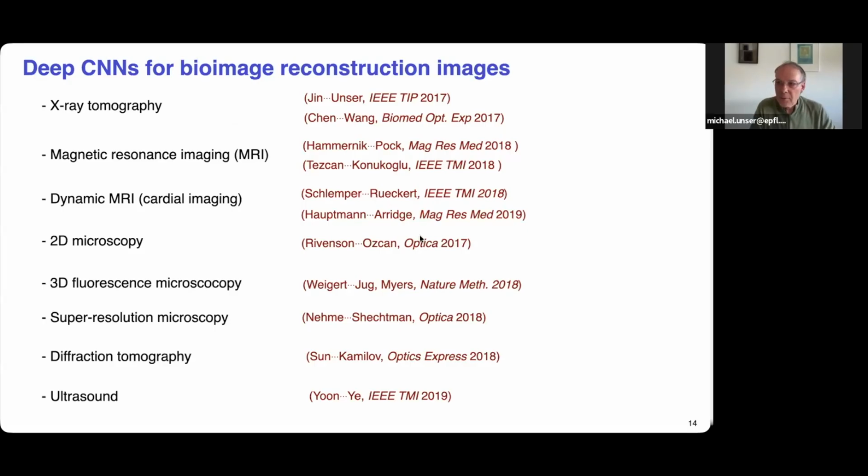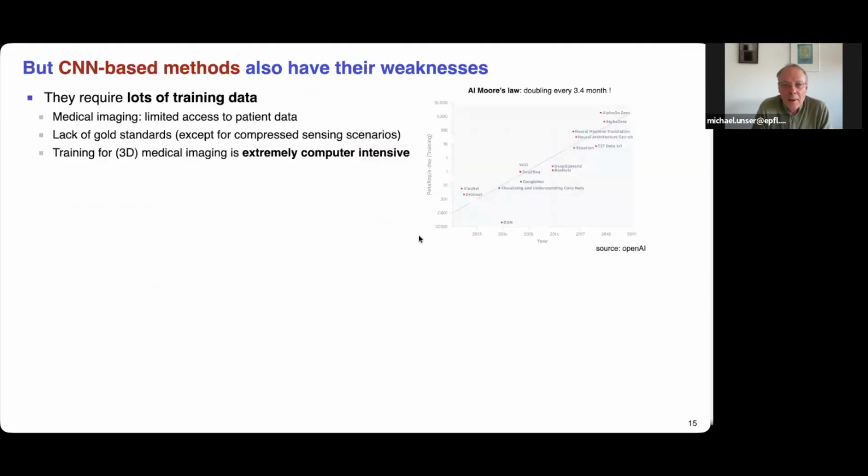So life was very nice because you could relatively easily get some good publications. But those times are over now, because it has been tried on almost any modality.